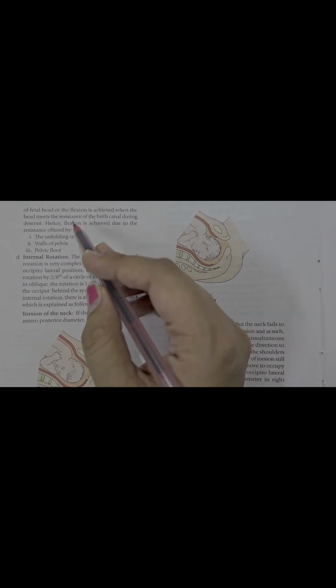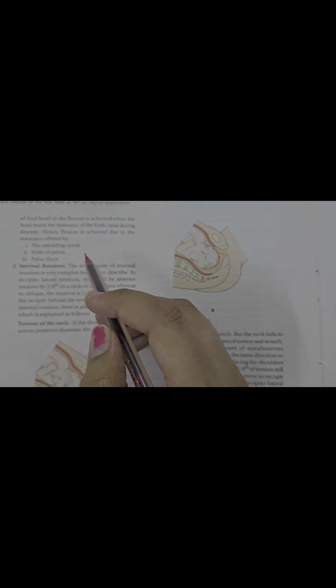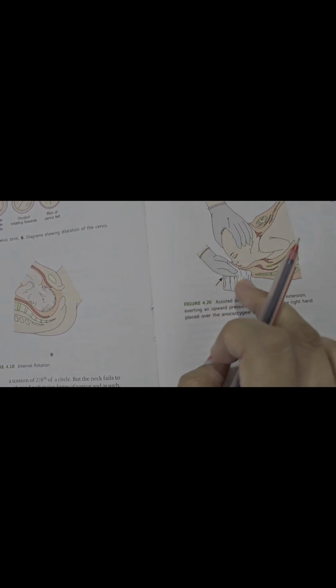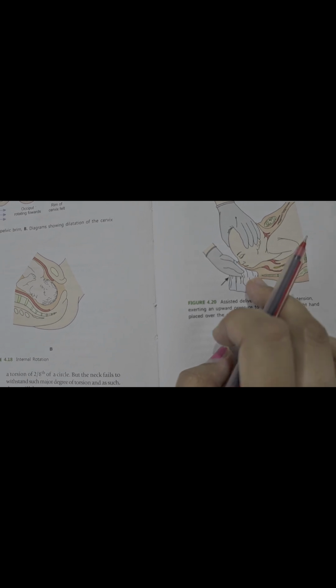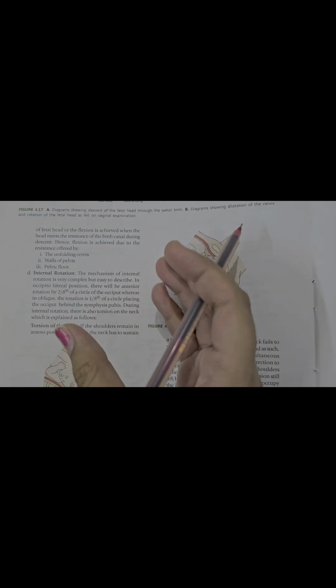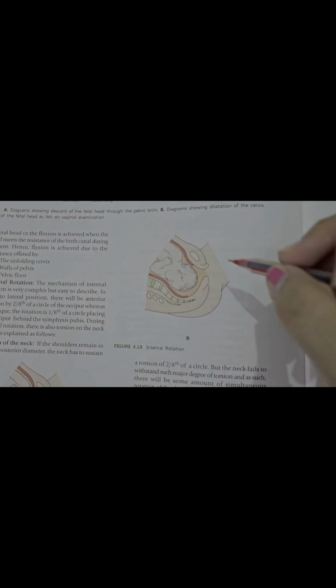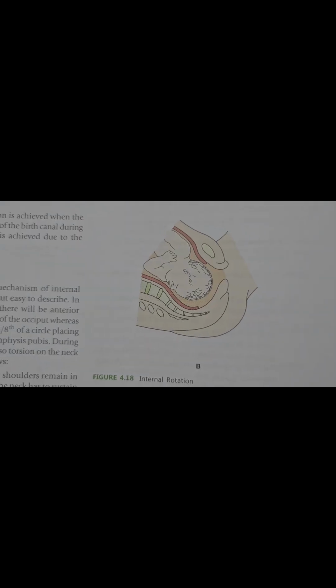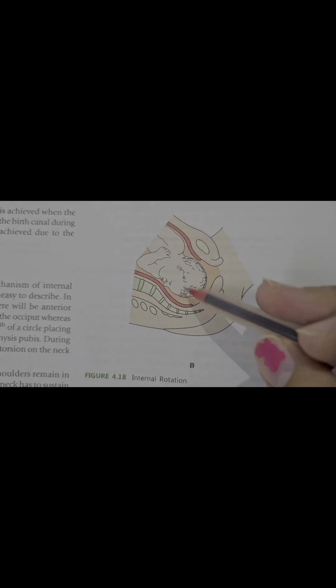So what happens in internal rotation? Internal rotation occurs when descent and flexion are complete and the head is attached to the pelvic floor. Delivery of the head will happen soon. For that, the head needs to rotate, because there is only a minor gap for the baby's head.